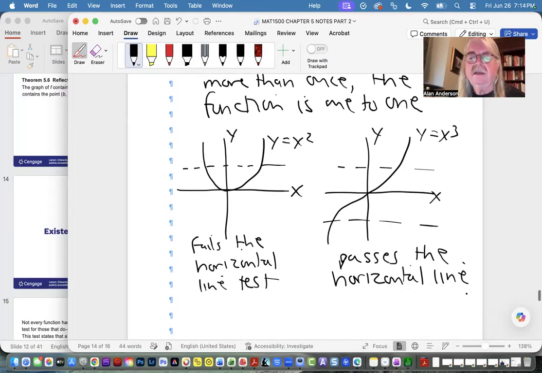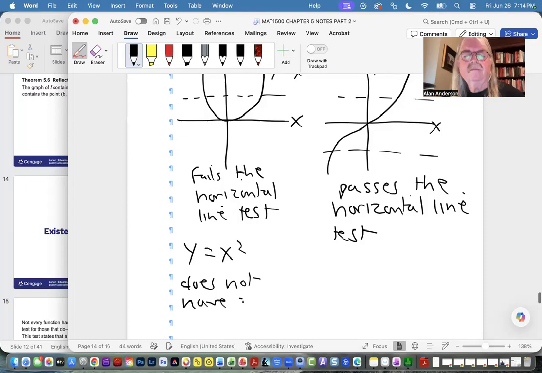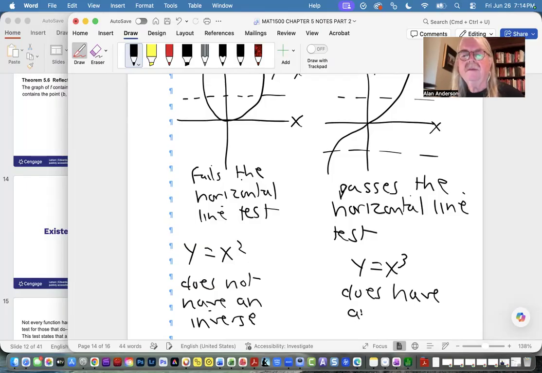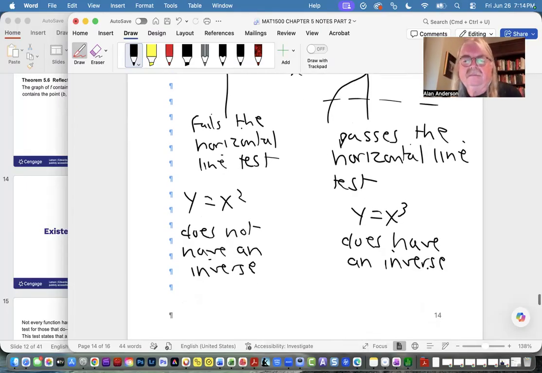So what that means is that y equals x squared does not have an inverse, whereas over here, y equals x cubed does have an inverse. So it's a very helpful test to have, to be able to just take a look at a graph and say, is it one to one or not? Well, here you go. Here's a quick and easy way to do it.